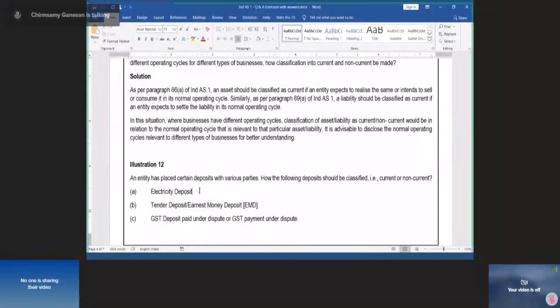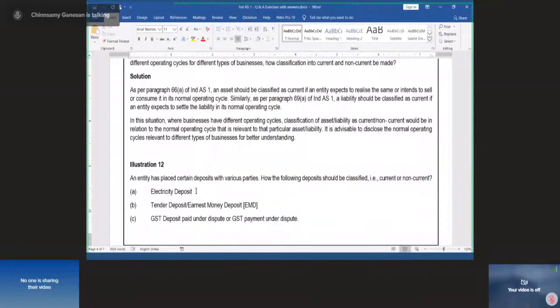So the question is, because it is repayable on demand when you surrender the connection, whether I have to classify that as a current asset or a non-current asset. It is expected to be realized from the management point of view. If management says I am not going to close that business in the next 12 months, automatically the third condition is fulfilled. So the electricity deposit will continue to be shown as part of non-current assets.